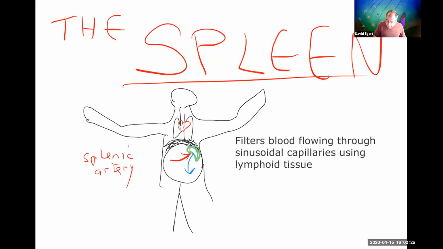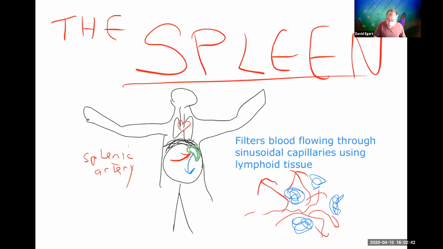So basically, you've got these clusters of white blood cells, lymphoid tissue, and then blood flowing in and seeping around. As it's going through, the white blood cells can process and clean up the blood. We're going to talk about red blood cells. Red blood cells only live 3 to 4 months. They don't live that long. This is one of the places where worn out red blood cells are salvaged and recycled. Sometimes people call this the RBC graveyard.